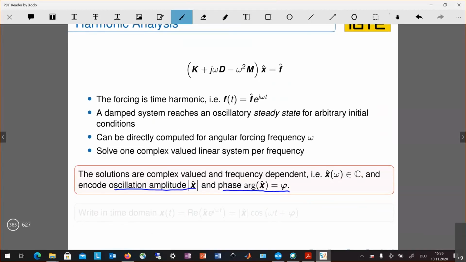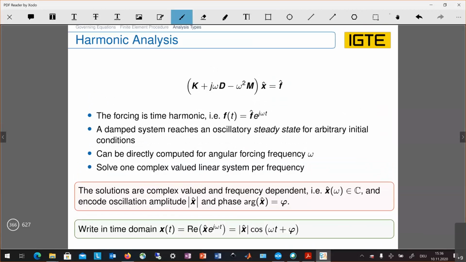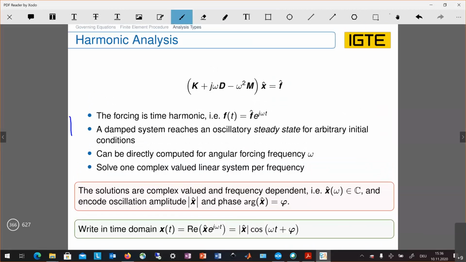We can also write it down back in the time domain, and for that we know we have to take the real part of this complex displacement amplitude x hat scaled with the exponential function with exponent j omega t, which means what we get out are the amplitudes cosine omega t plus this phi vector being the phase at all the different finite element nodes for the three components x, y, and z of the mechanical displacement.